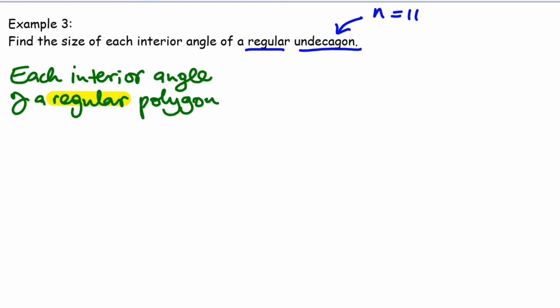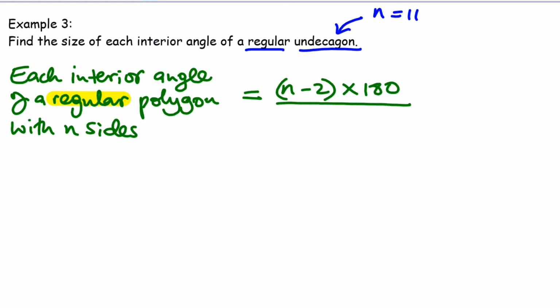So each interior angle of a regular polygon with n sides will be equal to n minus 2 multiplied by 180, which is the sum of all interior angles, divided by n. Because if you have n sides, it means you have n interior angles. And we want to find each interior angle, so we divide by n.